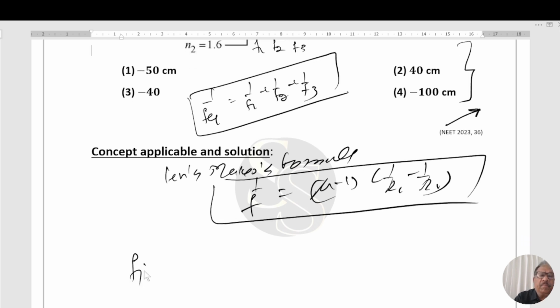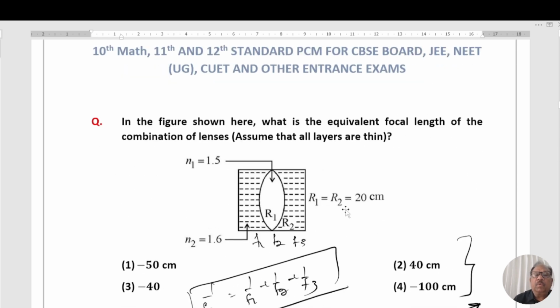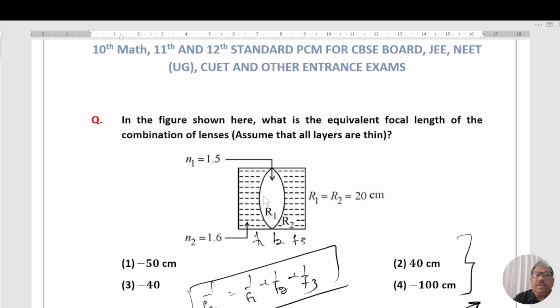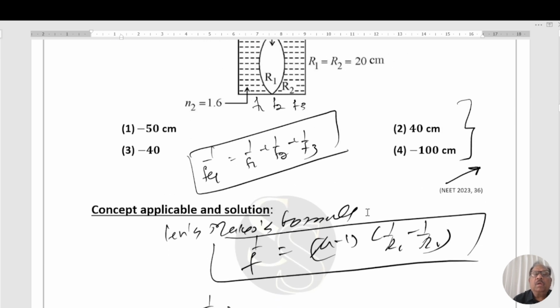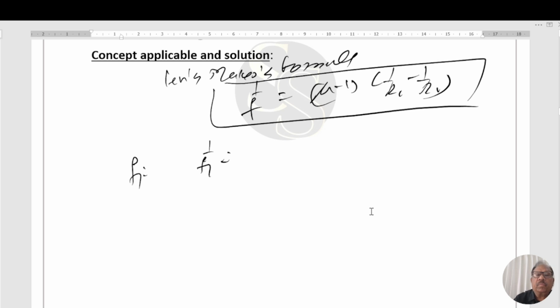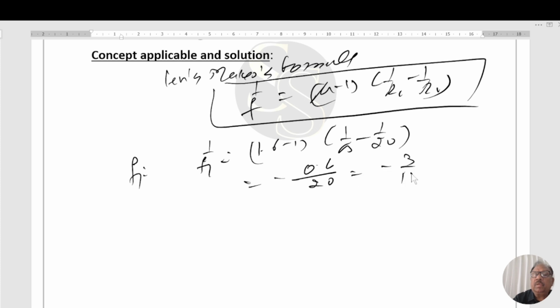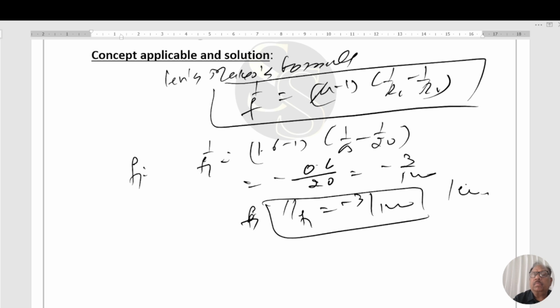To find f1, 1 over f1 equal to 1.6 minus 1 into 1 by infinity minus 1 by minus 20, that is 0.6 divided by minus 20, that is minus 3 by 100. 1 over f1 comes out to be minus 3 by 100 per centimeter.